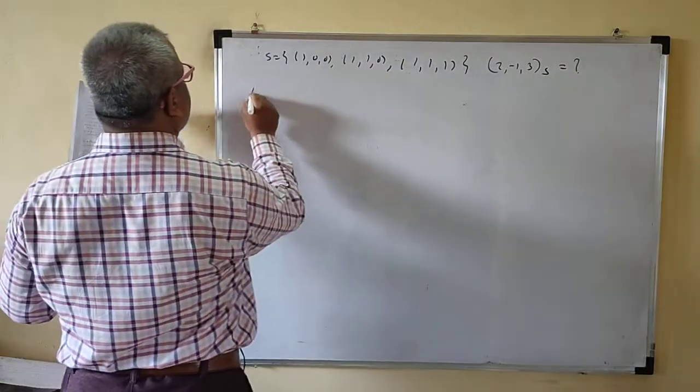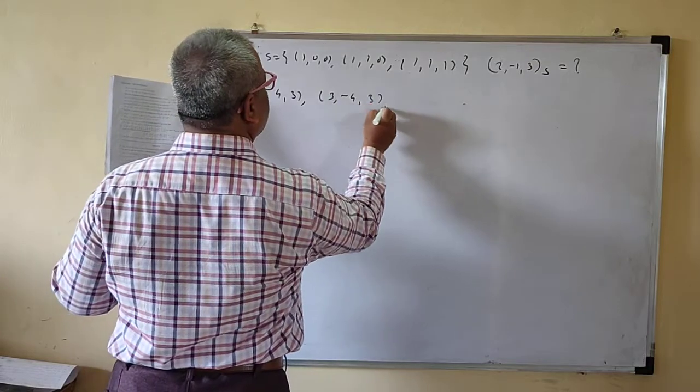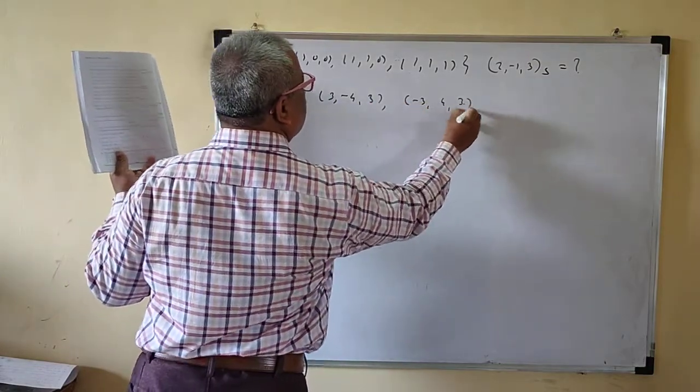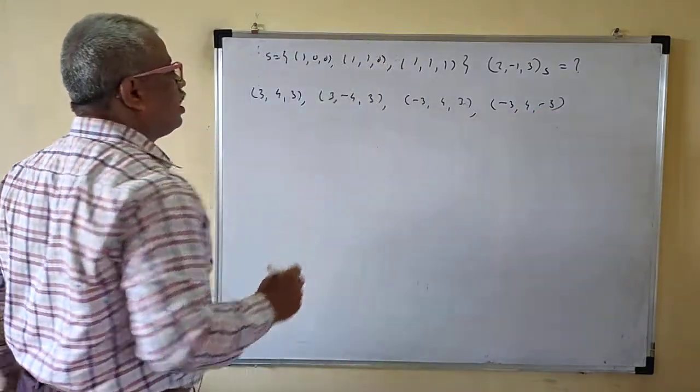The options are given: (3,4,3), (3,-4,3), (-3,4,3), (-3,4,-3).